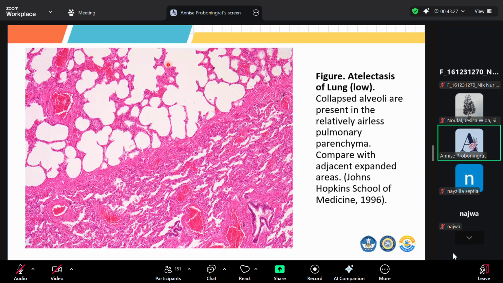This is the normal alveoli in the upper picture, and in the lower part is the atelectasis. We can see there is a narrowing of the alveolar lumen and thickening of the septum interalveolaris.